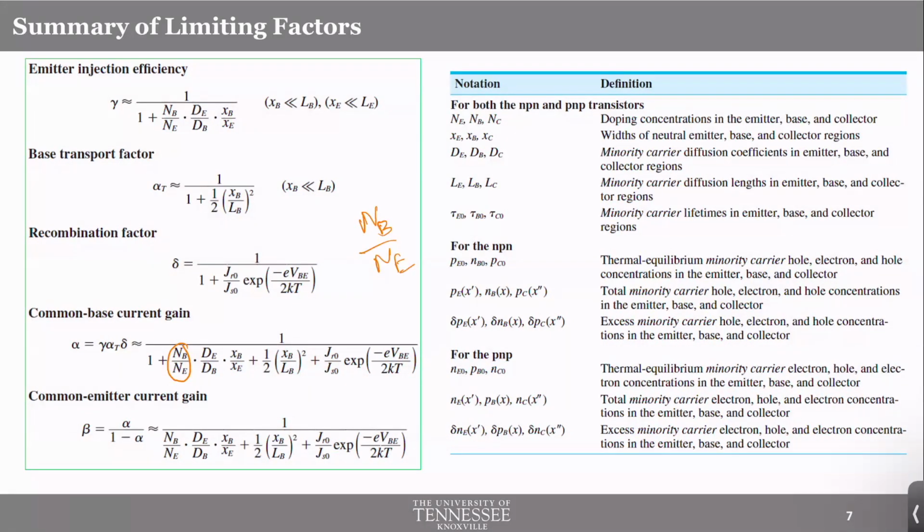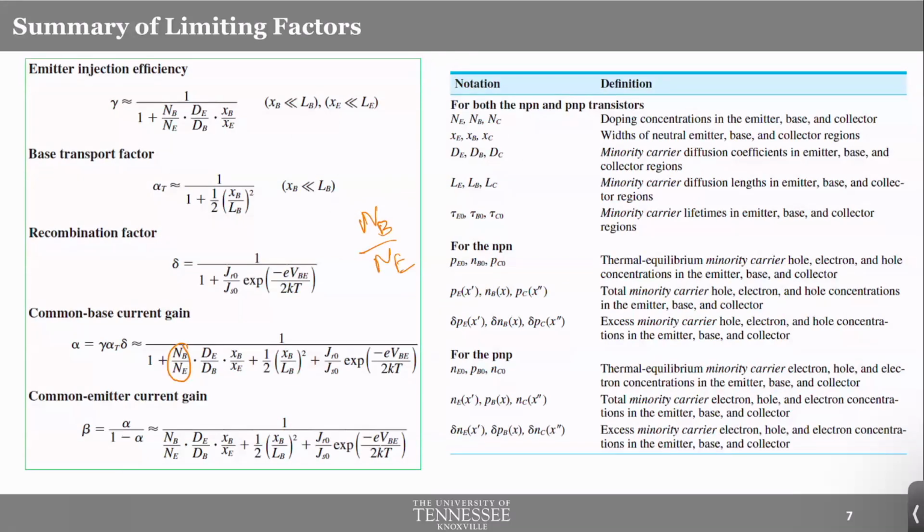I hope you remember from the previous lecture that in a BJT, you have, say, NPN. That means emitter, base, collector. Emitter is typically heavily doped, base will be lightly doped, and collector will be even more lightly doped. Like, I don't know, let me just use minus to represent that. Okay, so why is that? Notice if NB over NE is small, that will keep the overall denominator lower, and that will keep this alpha closer to 1.